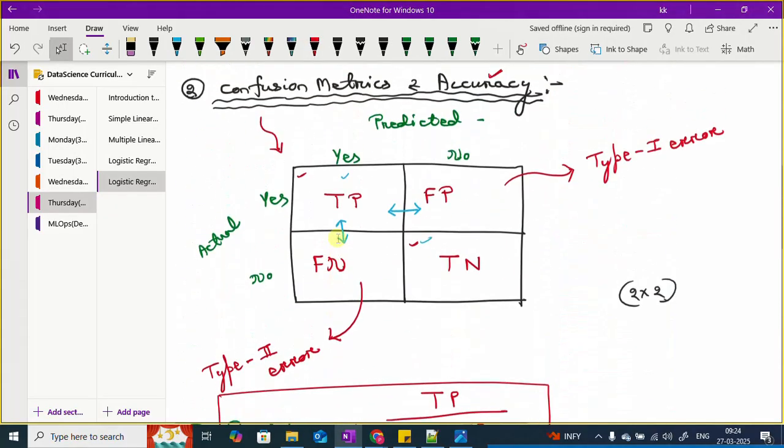As I told you, let's go back to our confusion matrix. As I told you, these two diagonals. For example, let me give the numbers, it will be better. Let's say this is one, this is two, this is three, and this is four.